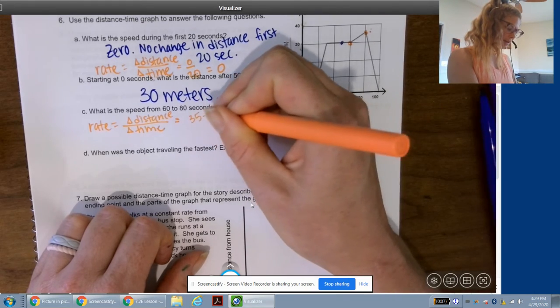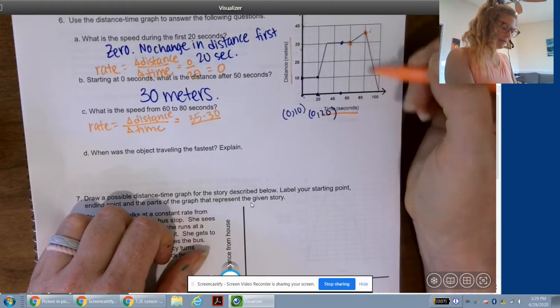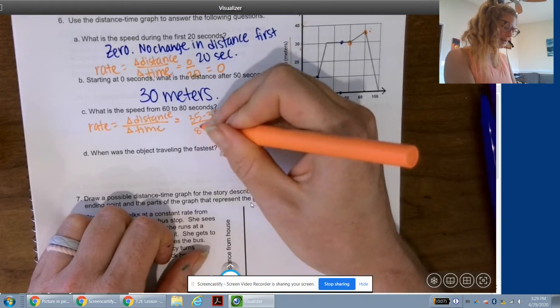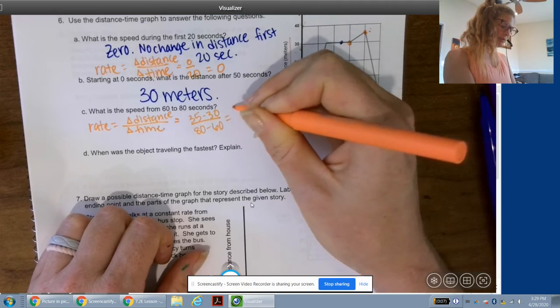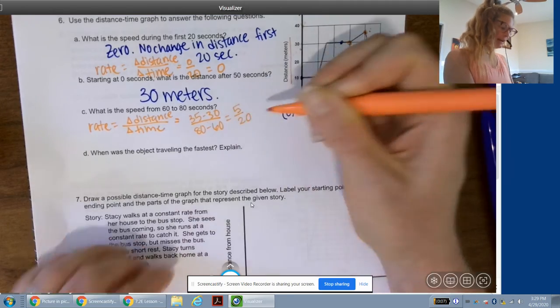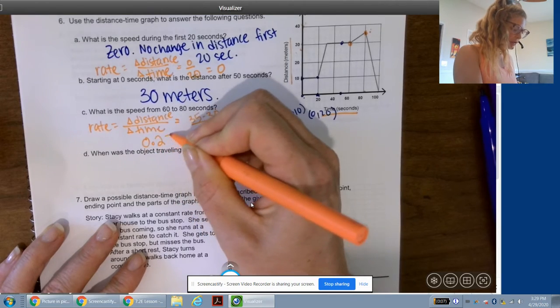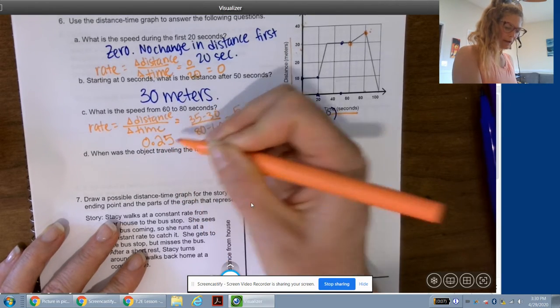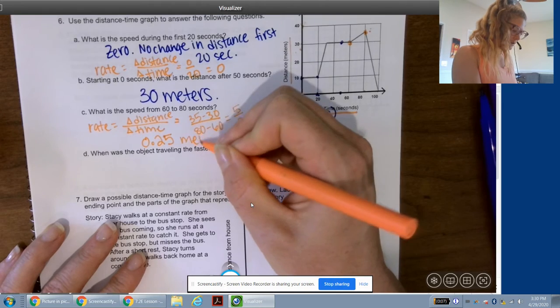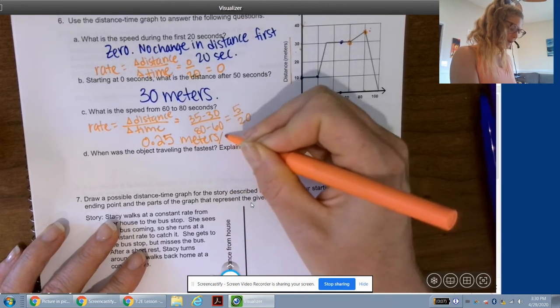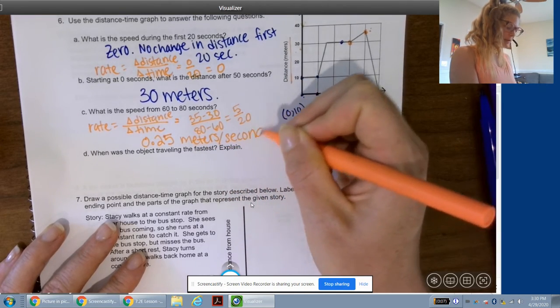So 35 minus 30. And 35 corresponds with 80, so 80 minus 60, which would be 5 over 20, which means we're traveling at about 0.25 meters per second. It's pretty fast.